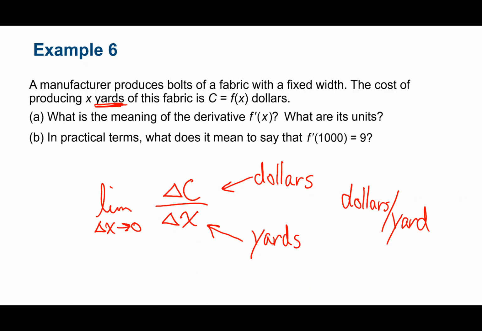That kind of thing. All right, B says in practical terms, what does it mean to say that f prime of 1,000 equals 9? So here's f prime, our derivative. So what's it mean if our derivative at 1,000 yards of fabric equals 9?